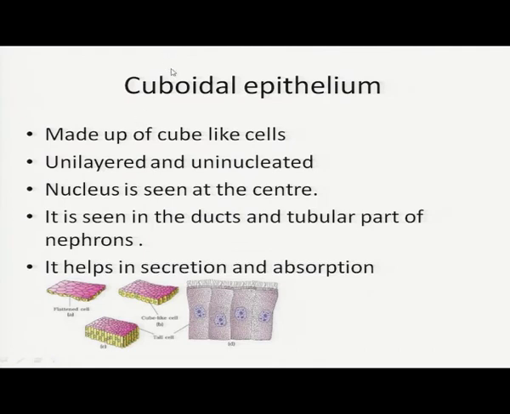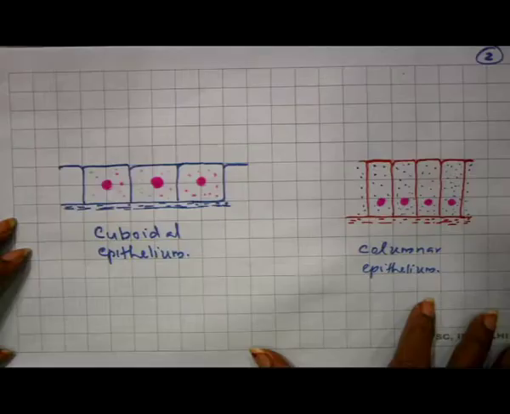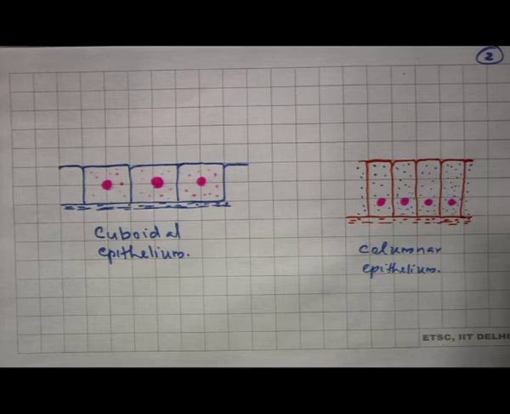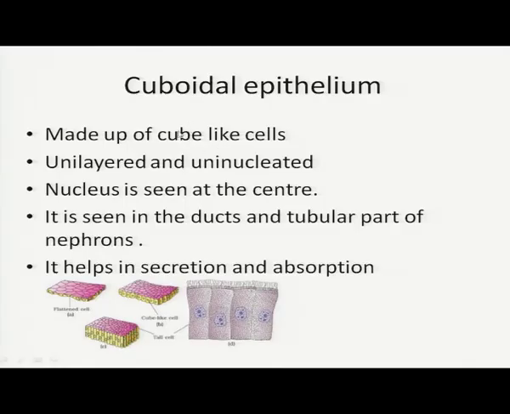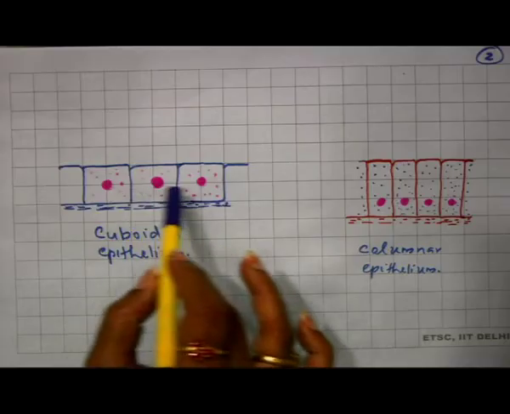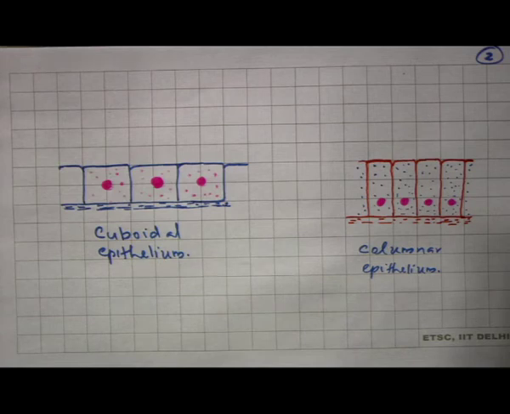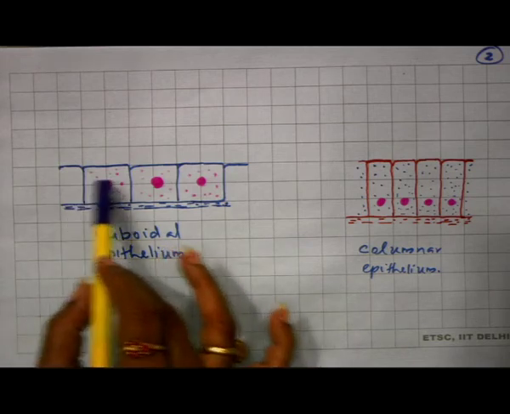Now, coming to the second type, that is cuboidal epithelium. You see here, it is made up of cube-like cells. And how many layers? Only one layer, unilayered.